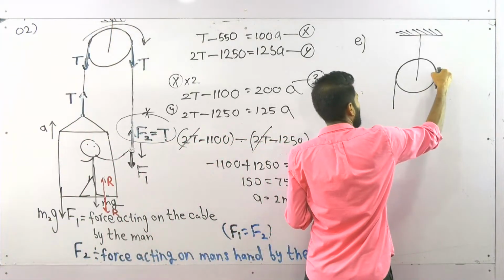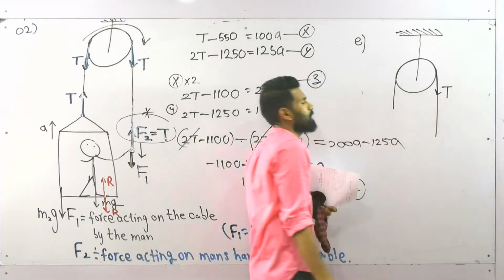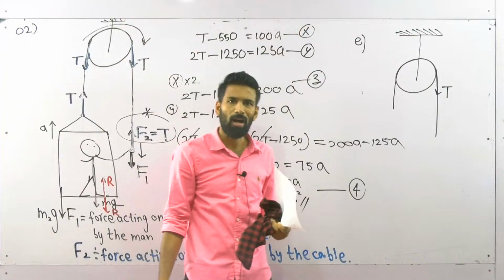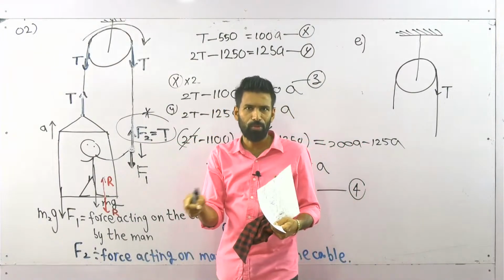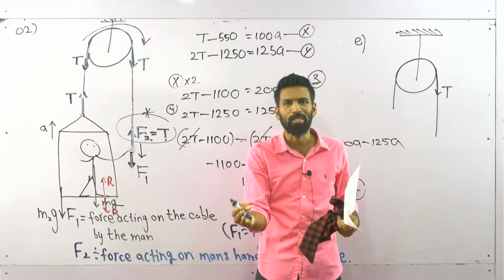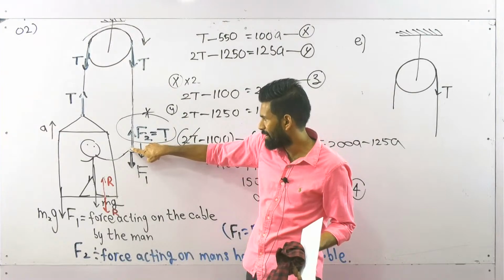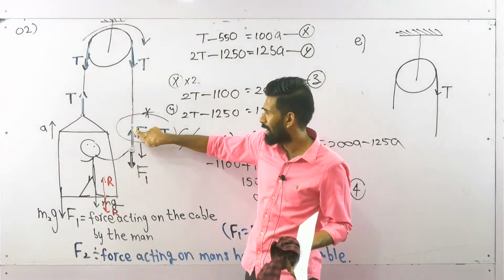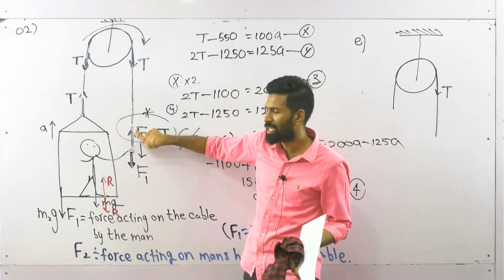Even though we mark the tension on the string, actually the tension shows us the forces acting on the connected points of the string. So here the force acting on the man's hand is the tension. That's the theory I'm explaining again.